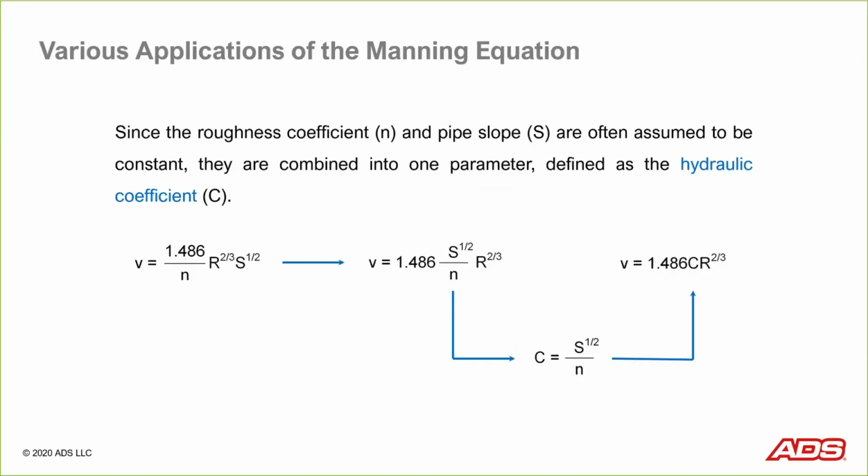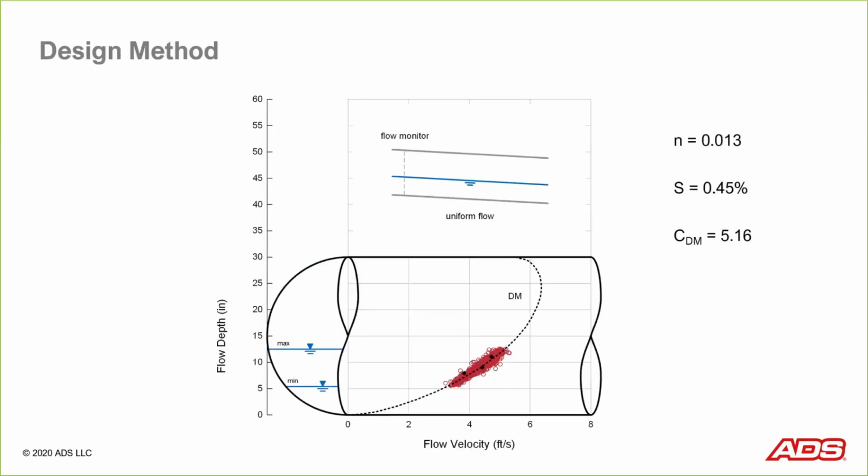But think of that as just one parameter, and then I substitute that into this third equation on the far right. So V equals 1.486 C times R to the 2/3. And what we do with that, we'll talk about as we go along.